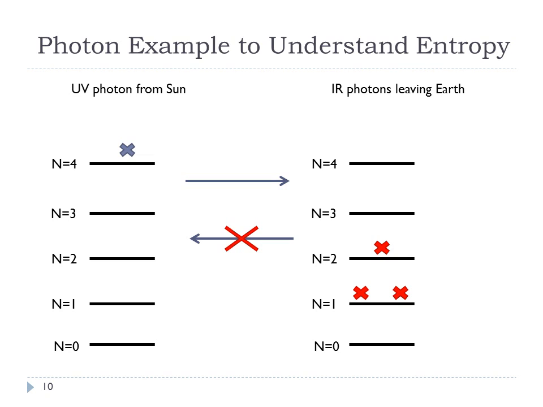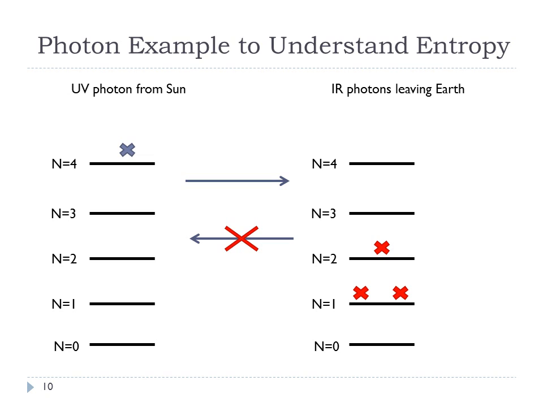The reason is that there are more available options when you have more particles. There are actually more microstates associated with the case on the right than on the left. In the case on the left, there's only one particle, so there's only one way to draw it.